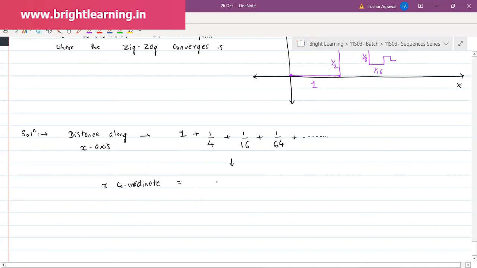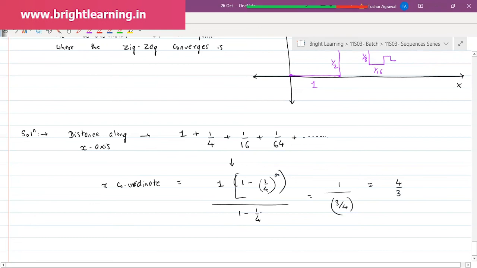Addition of this sequence, a is 1, minus r to the power infinity, that is 1/4 to the power infinity, we can neglect this, upon 1 minus r, 1 minus 1/4. So this is equal to 1 upon 3/4, and this turns out to be equal to 4 upon 3. Got it? X coordinate. Is the explanation clear for x coordinate? Yes or no?